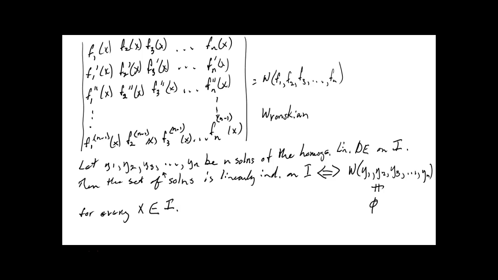I mean, it's either 0 or it's not 0. That's it. Thus, if we can show that the Wronskian is not equal to 0 for some x0, then the solutions are linearly independent on I, the interval I.